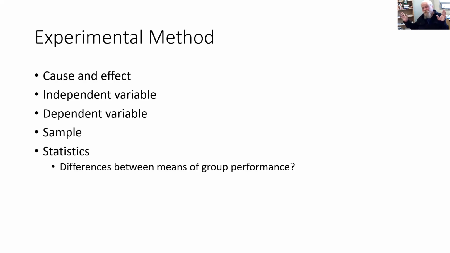We can do a statistical test called a t-test to see if there are average differences, or mean differences, in what we find. Then we publish our paper or go out to a conference in psychology and present our findings. That's called disseminating the results.